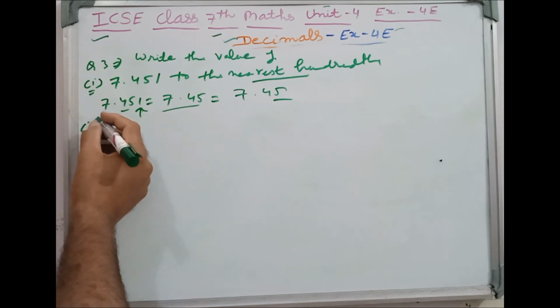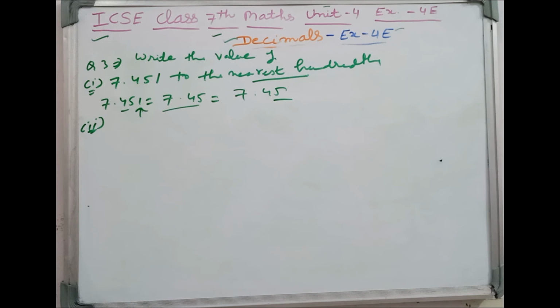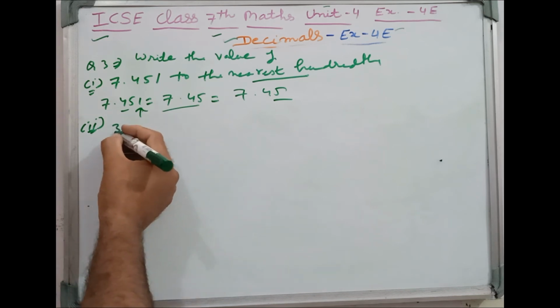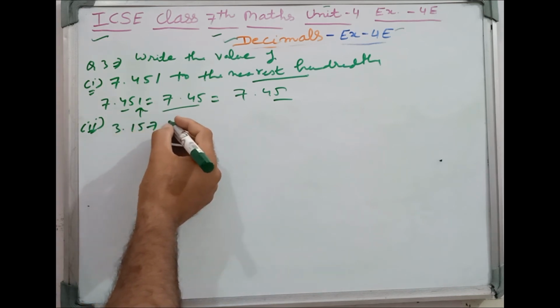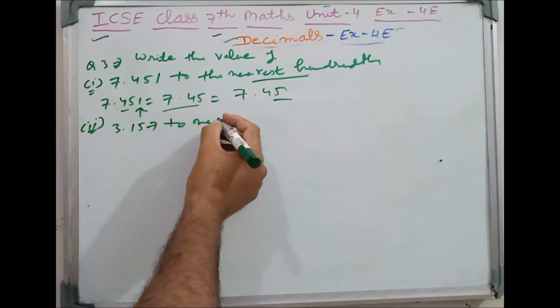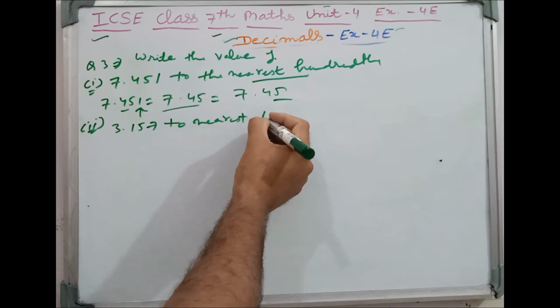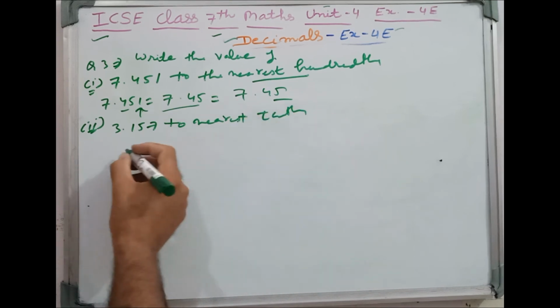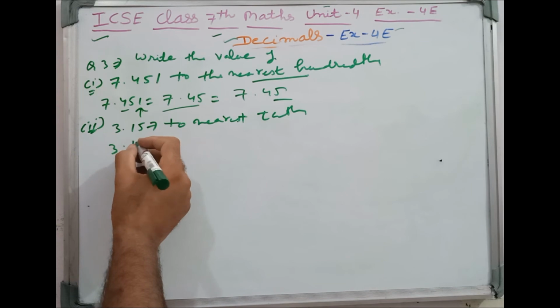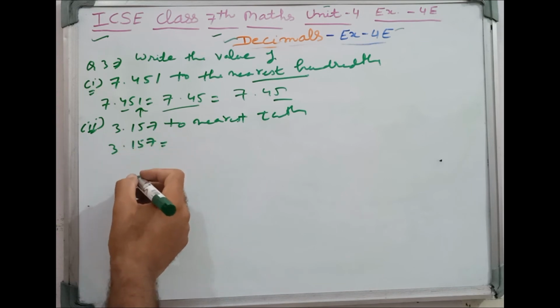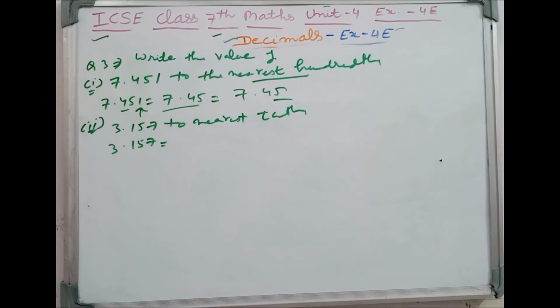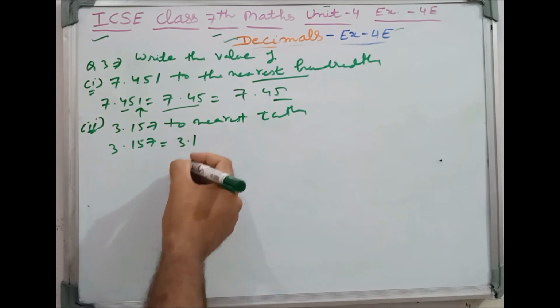Number second is what? 3.157 to the nearest tenth. Nearest tenth means 3.1.